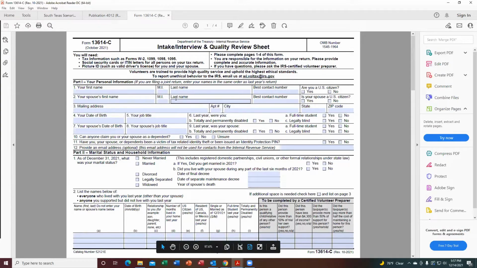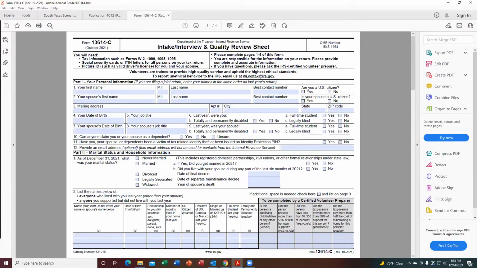Again, the importance of this form is that the client, the tax client, is the one that is to complete the form with the assistance, if needed, of the person that is as a receptionist or the person that is in the front. They may assist the client in completing the form. So if you notice at the very top, it talks about what the client will need. And basically, all their tax information is required.